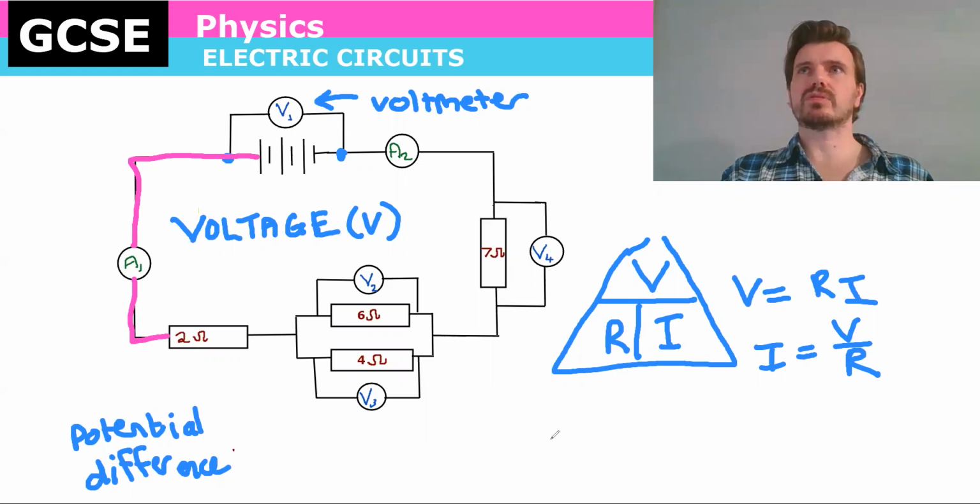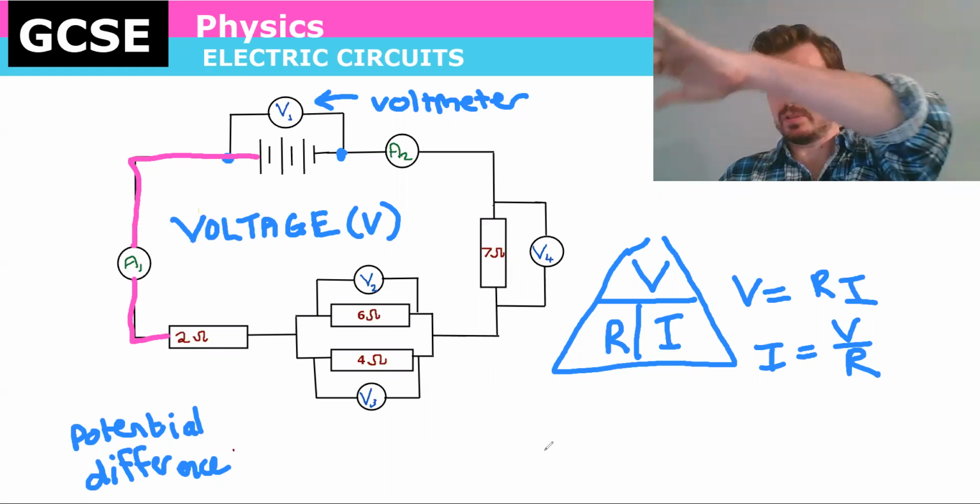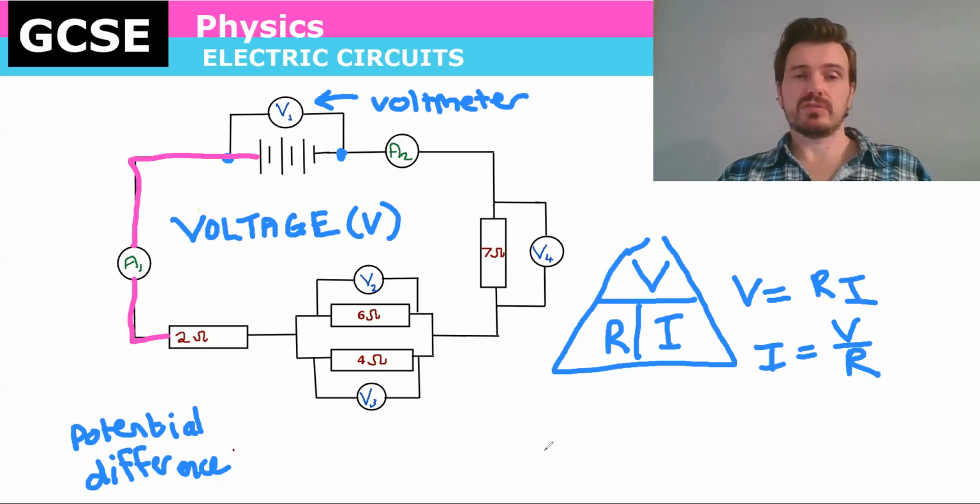When we looked at current, we thought of it as flowing like water. If we think of voltage, we can almost think of the thing that's pushing the water along, but it gets tired. It has a finite amount.